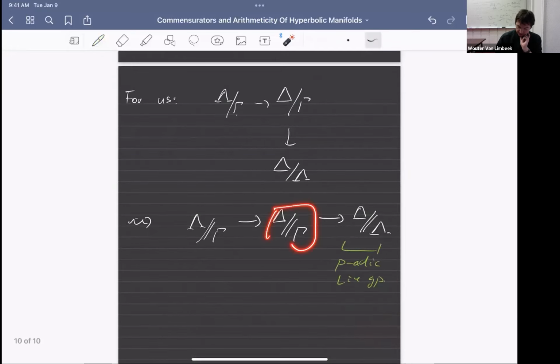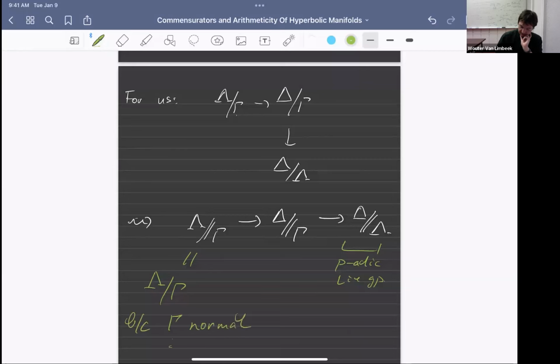This one we don't know because we don't know gamma. And this one, it turns out that this is just the quotient lambda mod gamma, because gamma is already normal in lambda. So in other words, this quotient up here was already a group. When I groupify it, a group stays a group. So this one, nothing happens.